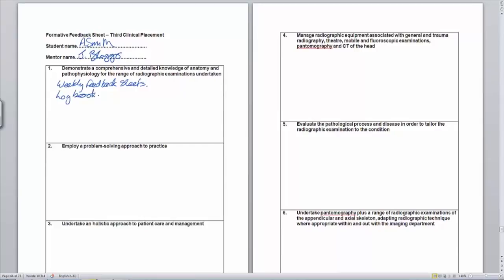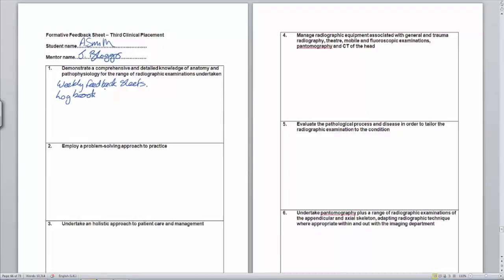The logbook's obviously necessary from the point of view that it'll let you identify whereabouts your student currently sits with regard to the amount of examinations they've undertaken, and also the range that they've undertaken on their own as well.